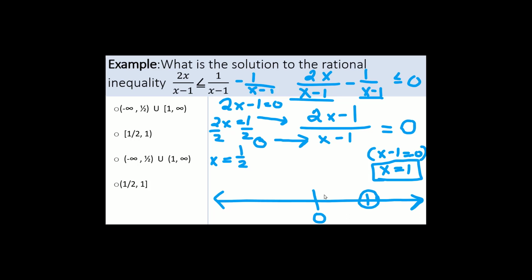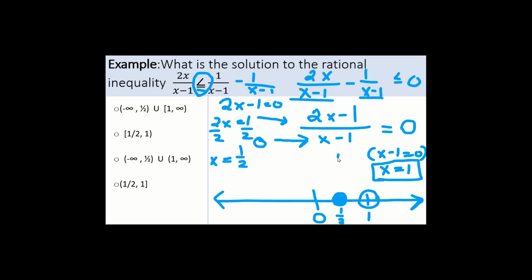Alright, so we'll go over here to 1/2, and we'll go back up here and look at our inequality. We have that less than or equal to, so we're going to go ahead and color in this solid dot right here at 1/2, because we can't have a solution at x equals 1, but we will have a solution at x equals 1/2.